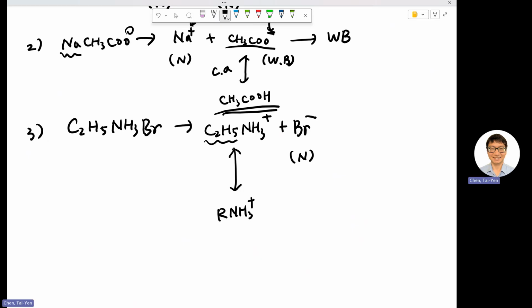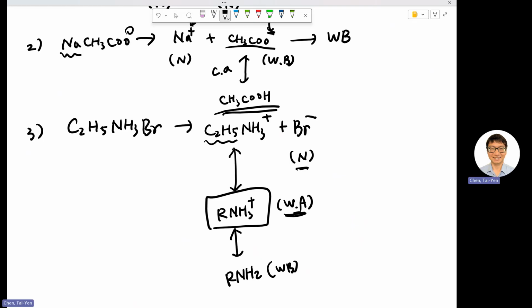RNH3 plus is the conjugate acid of RNH2, which is a weak base by itself. But this is the conjugate acid of a weak base, therefore this one is a weak acid. Inside your solution, you have a weak acid species and a neutral species. Therefore, the solution will be a weak acid solution.